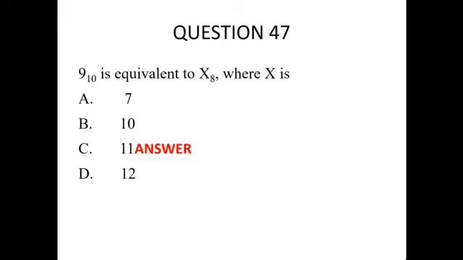Then here we have 9 in base 10 is equivalent to x in base 8. So what you have to do here is divide 9 by 8. When you do that, you are going to have 11. But hold on, let me work this out for you on the screen so that you can see. So you have 9, you rule your lines like this, then you divide by 8. 8 in 9 is 1, remainder 1.